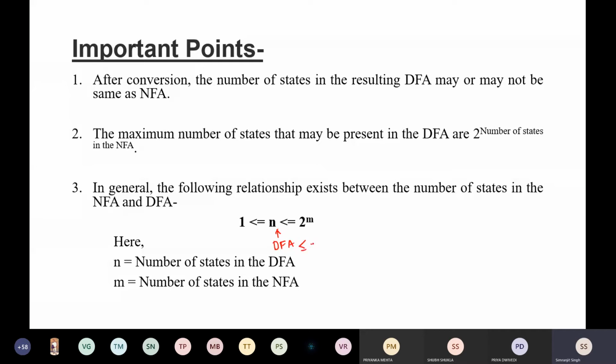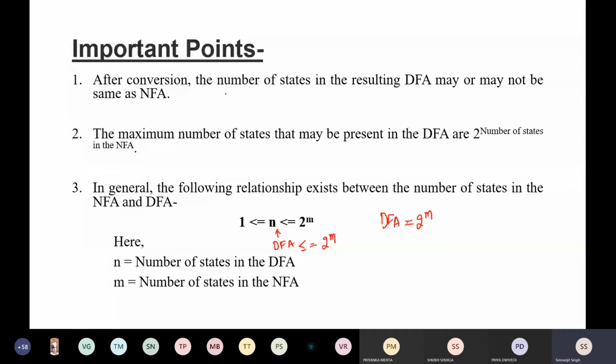It's always less than or equal to 2 raised to power m, m being the number of states in the NFA. This is the same as saying that the equivalent DFA can contain a maximum of 2 raised to power m states.